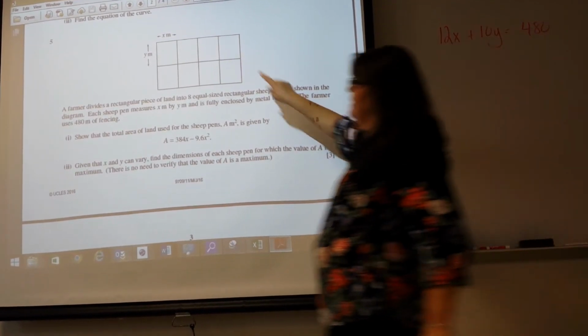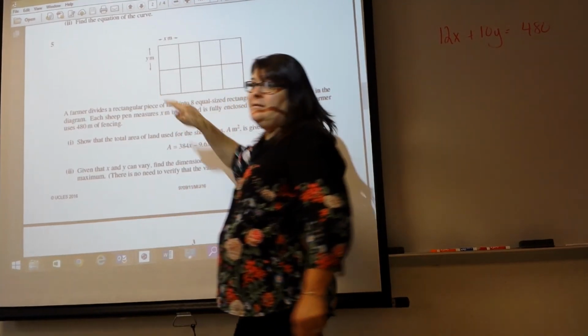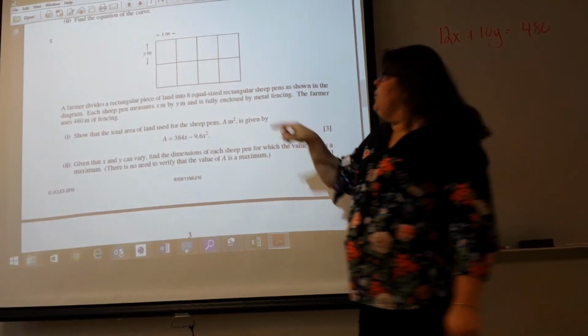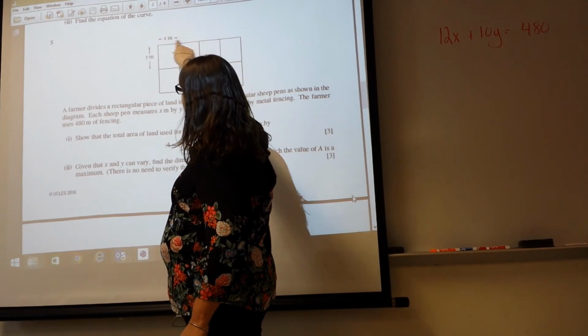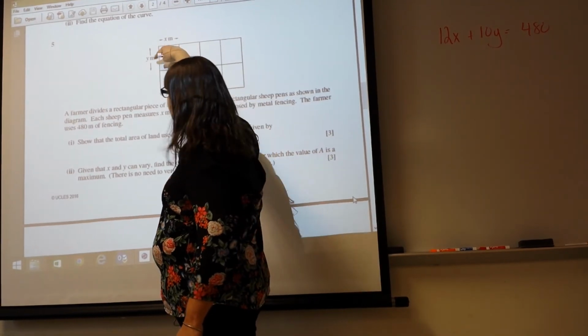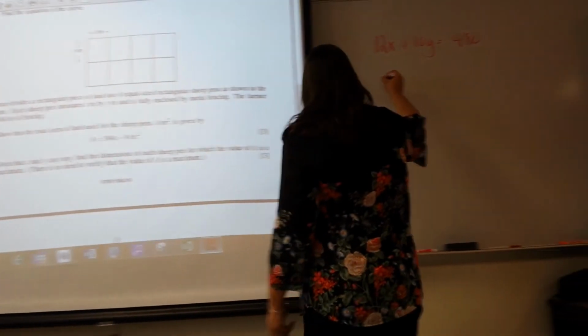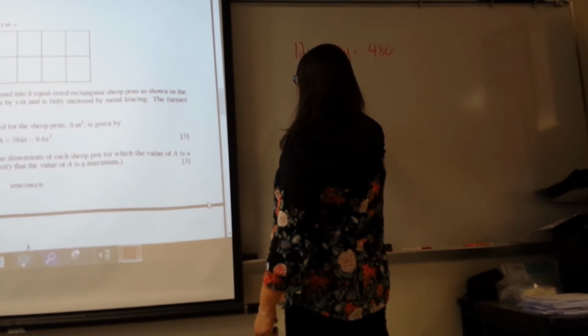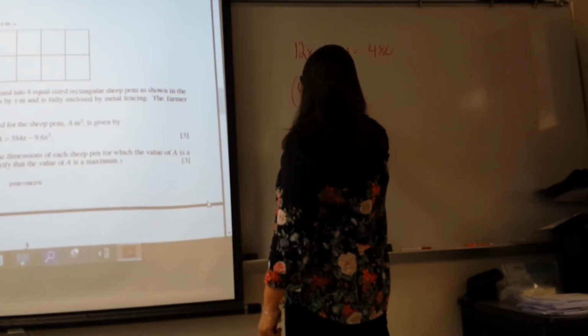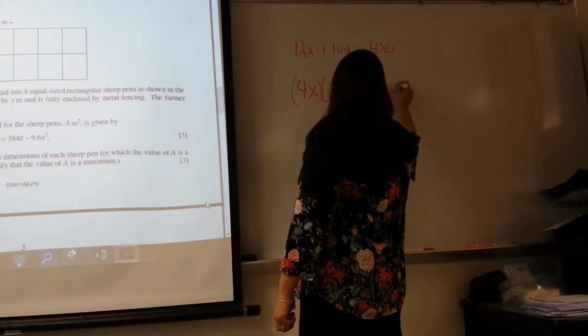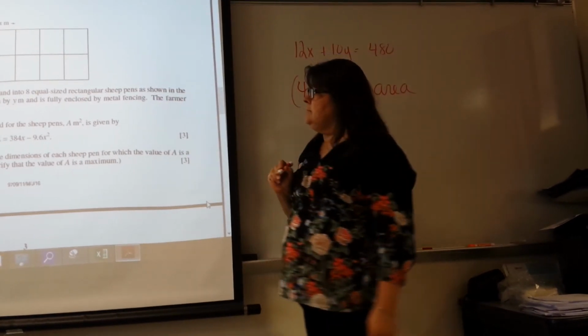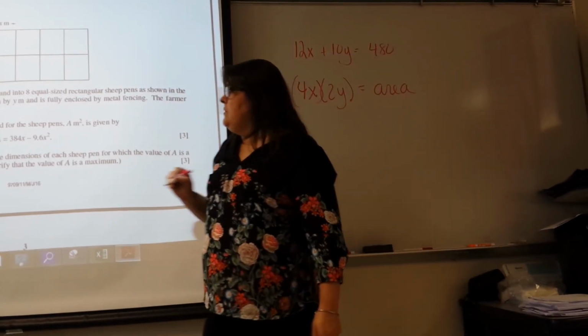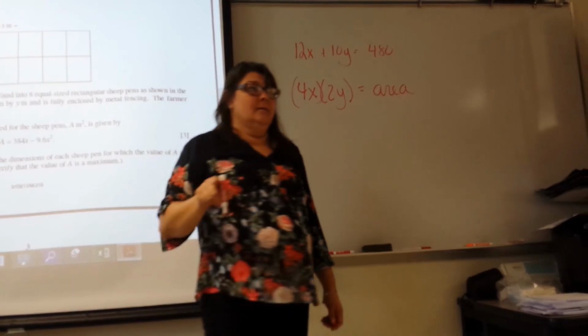It's truly this by this. So what is this? 4x, 1, 2, 3, 4 X's times 2y. So 4x times 2y is going to be equal to the area. And it says show that the total area is given by that.